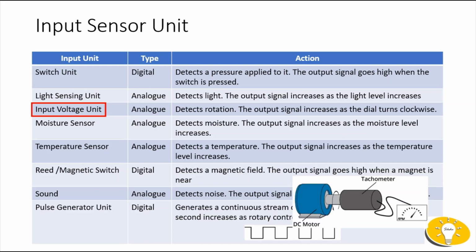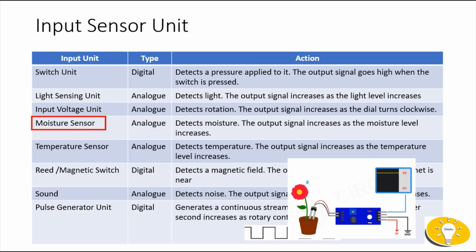The input voltage unit, also called a tachometer, is generally installed in cars to measure the speed. It is used to detect rotation. So the output signal increases as the dial or the wheel is rotated in clockwise direction. Moisture sensor is again analog and is used to measure the moisture level.